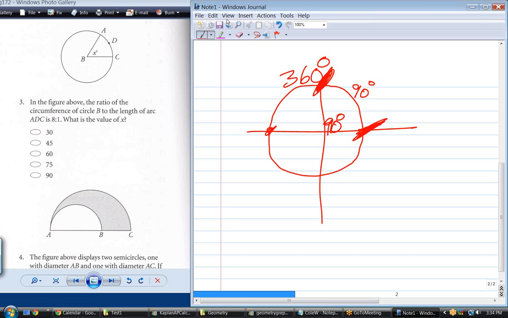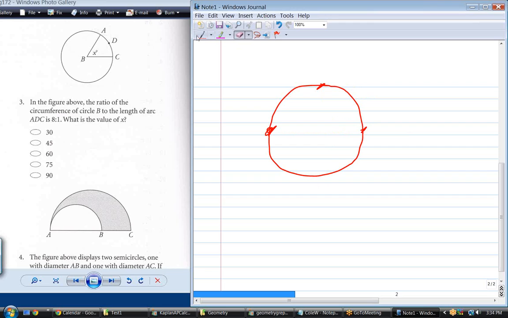Okay, this problem, they're saying something similar, only it's not 90 degrees. This distance from there to there, that curved distance, is in a ratio of 1:8 with the circumference.